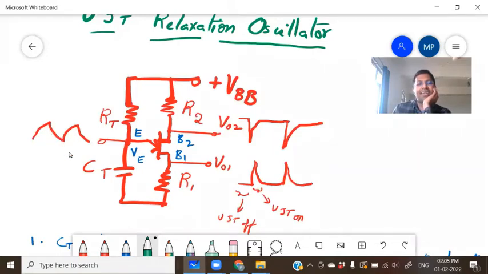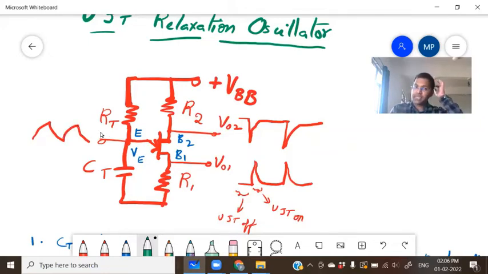When VE reaches the valley voltage of the UJT, the UJT turns off, so the capacitor will charge again.